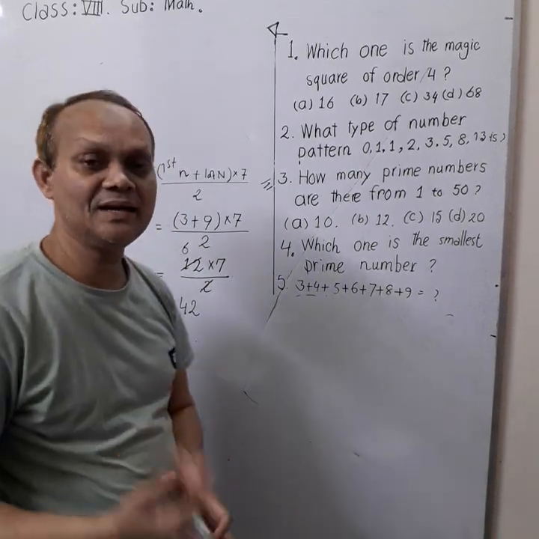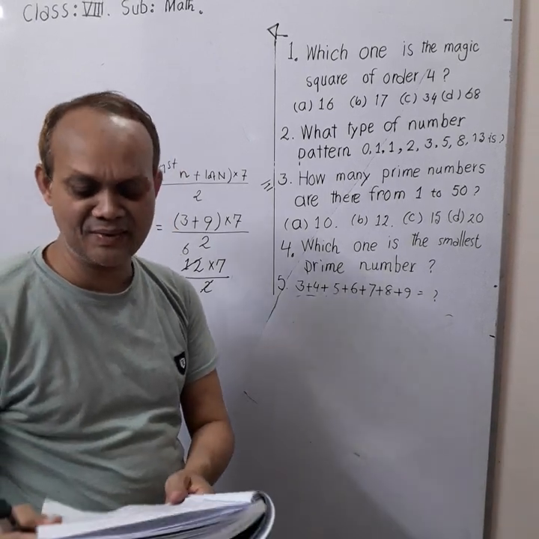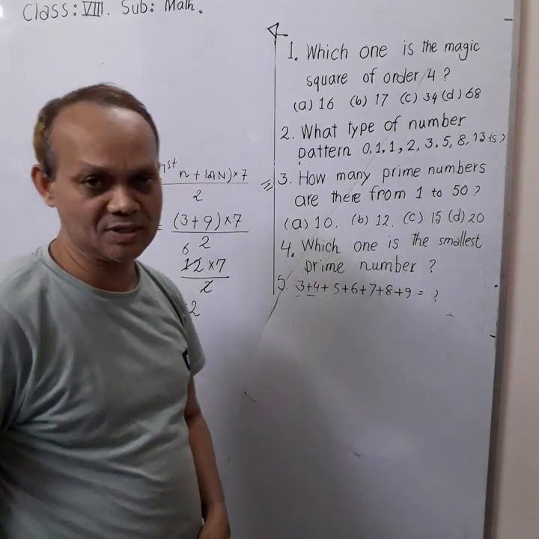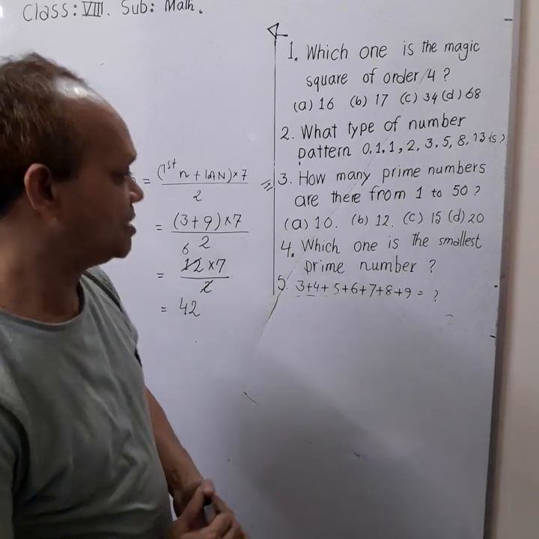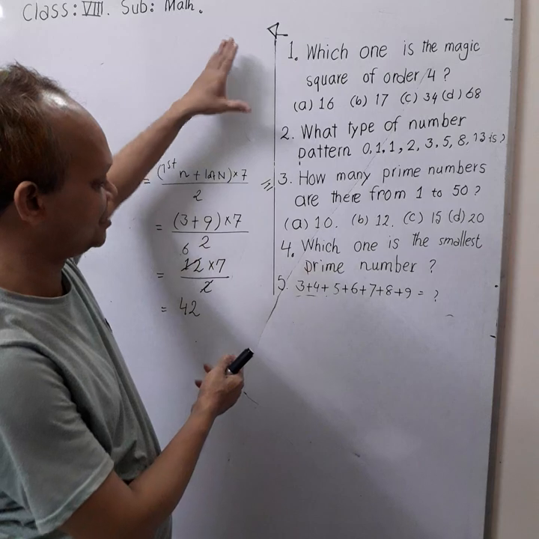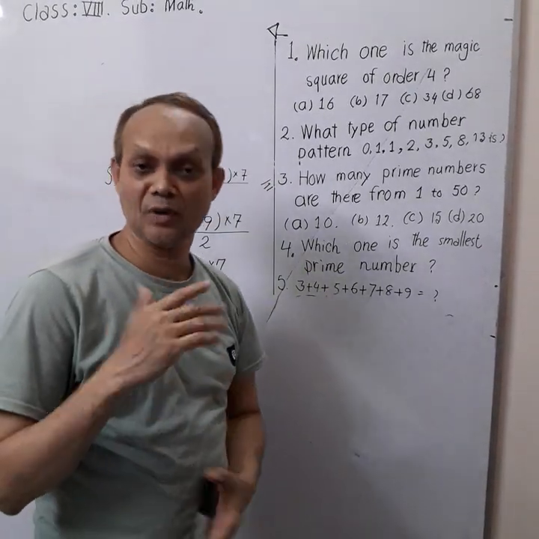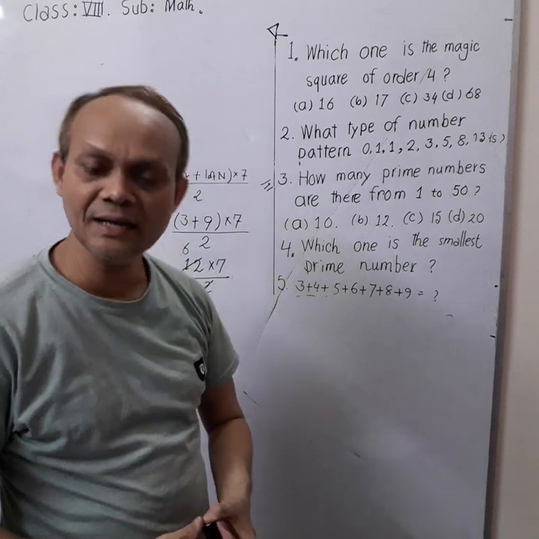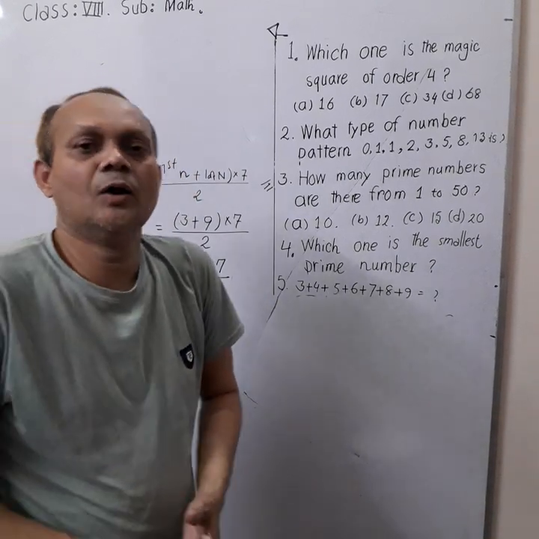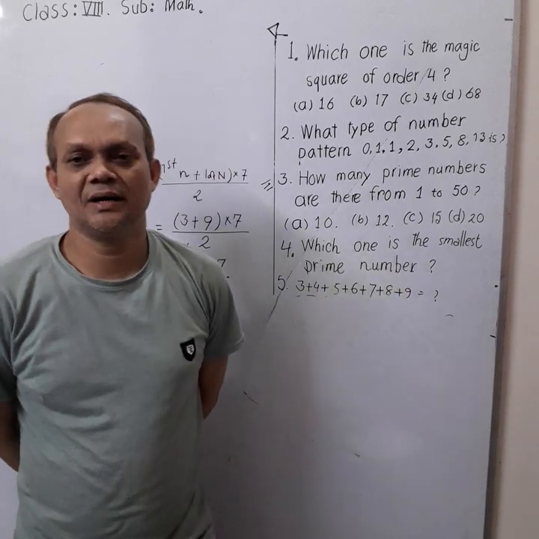And you have got an idea about the sum, that is, determining the sum of consecutive natural numbers. So my dear students, I hope if you follow these 5 questions, I think the maximum number of questions will be solved by you. Okay my dear, now once again I want to share one thing.